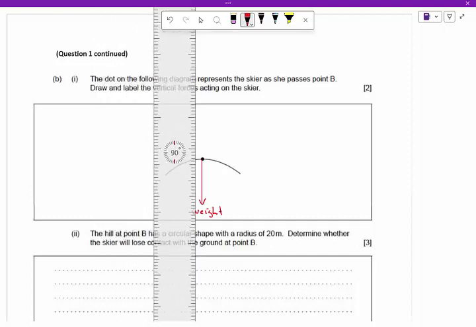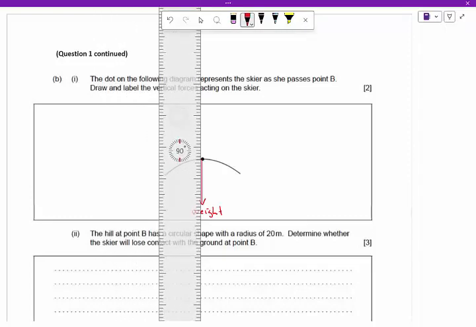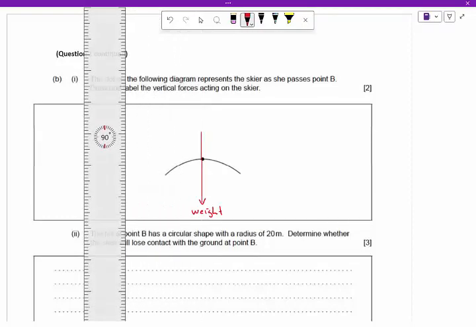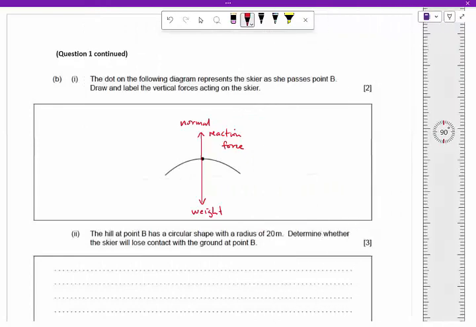And the upwards force, the normal reaction force, needs to be shorter. This is the normal reaction force. So this now is a correct representation of the forces, and it's clearly labeled.